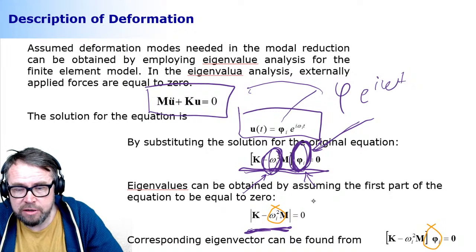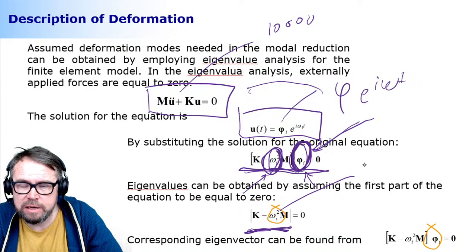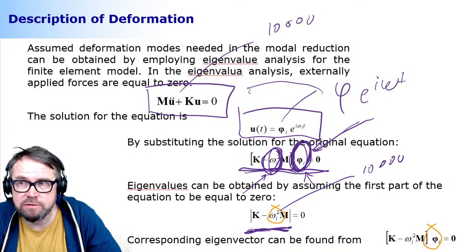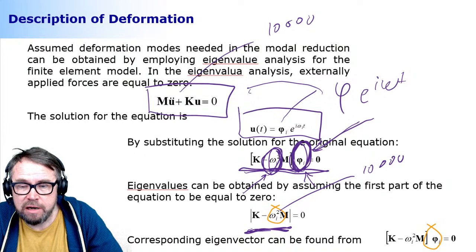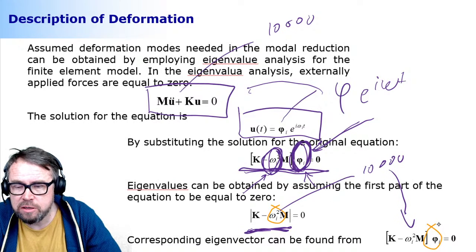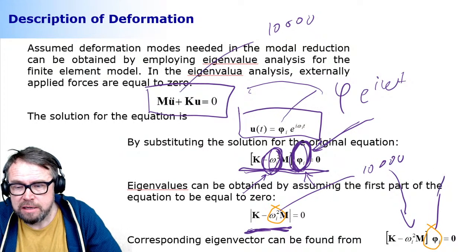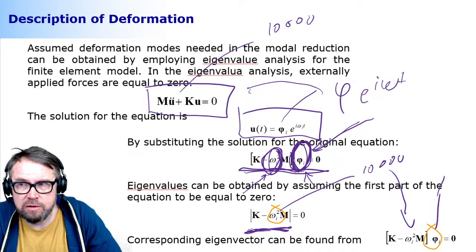If I originally have 10,000 degrees of freedom, this vector will have 10,000 different solutions, 10,000 eigenvalues, 10,000 eigenfrequencies as well. Then substituting these eigenvalues one at a time into this equation, I can find 10,000 ways that the structure can deform. This is in short how the eigenvalue analysis will go.